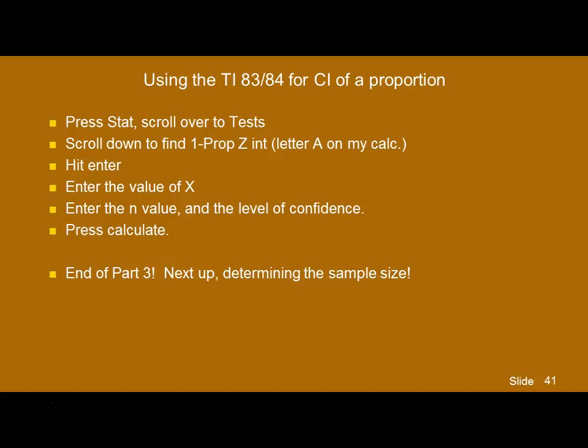On my calculator, that's letter A. It might be different on yours. Hit enter. All you have to do now is enter your X value, enter your N value, enter the level of confidence you want, go down to calculate and hit enter. And you should get the confidence interval that you desire.